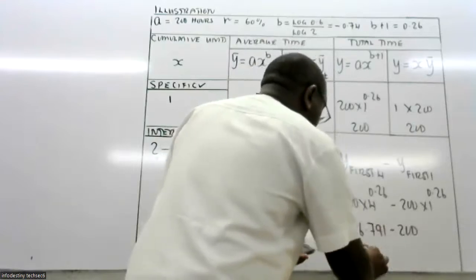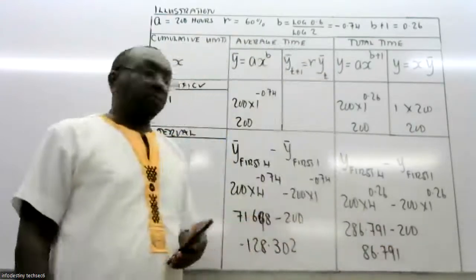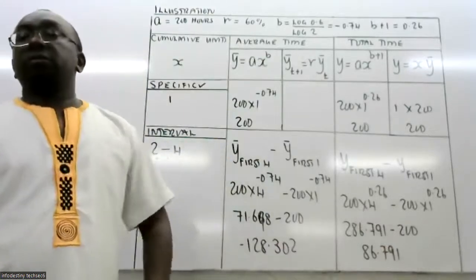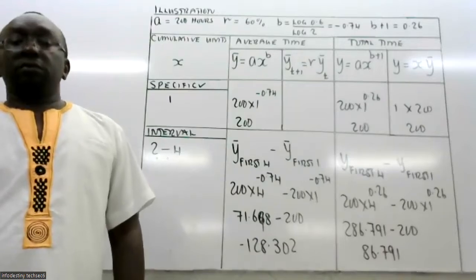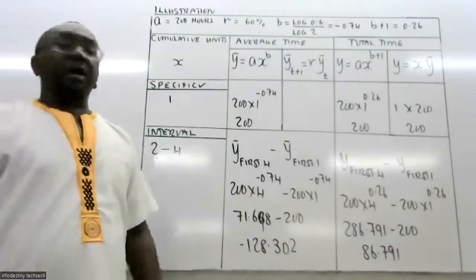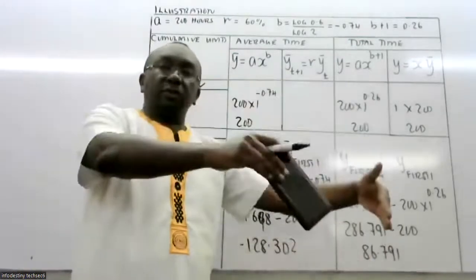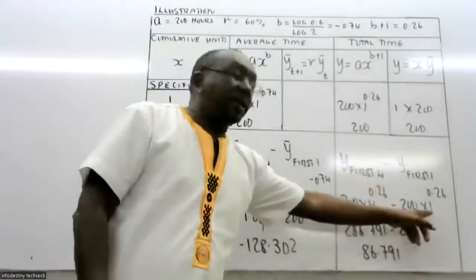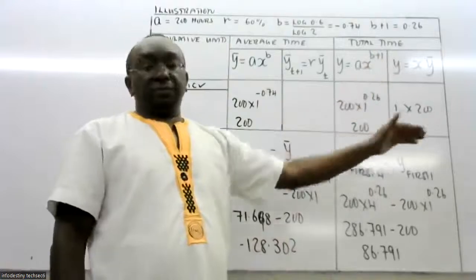So obviously this will be 86.791. Now you see this one is not negative because it is a cumulative total. The total of doing 4 units must be more than the total of 1 unit. Now if you look at that graph you see the total goes upward.